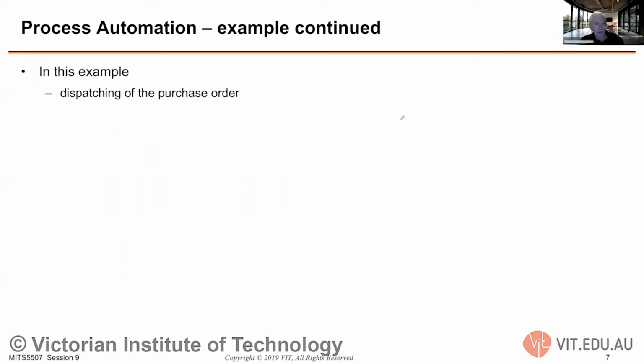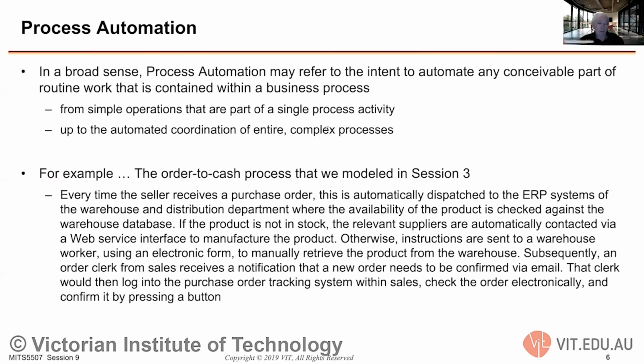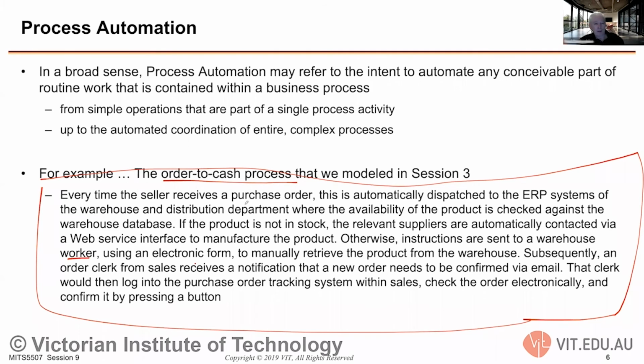If we go back and look at this, we can identify elements of a workflow. Every time a seller receives a purchase order, it's automatically dispatched to an ERP system. That becomes part of a workflow. A work order then flows into the ERP system in the warehouse, and a copy is sent to the distribution department, where the availability can be checked.